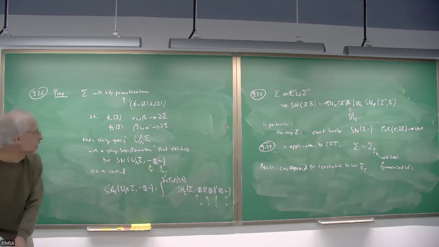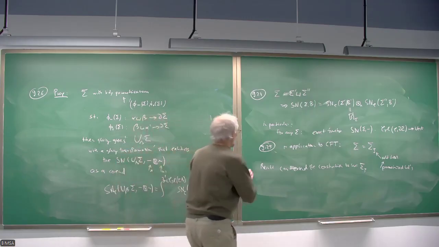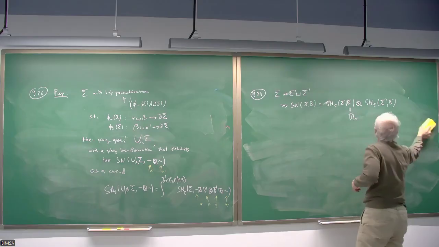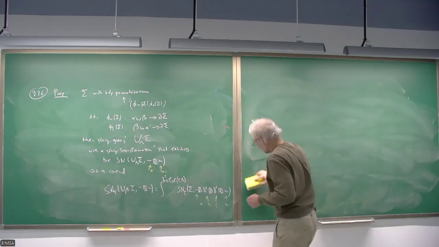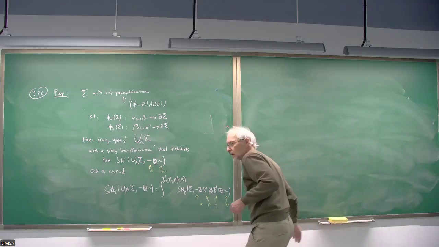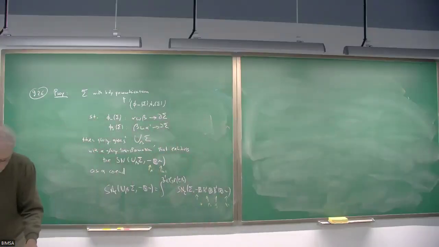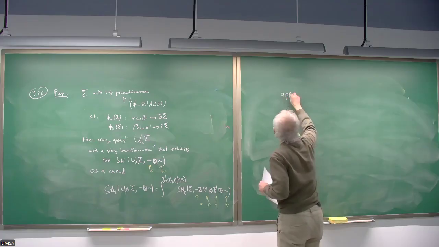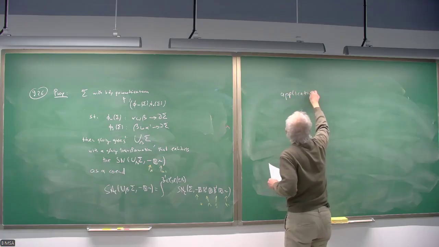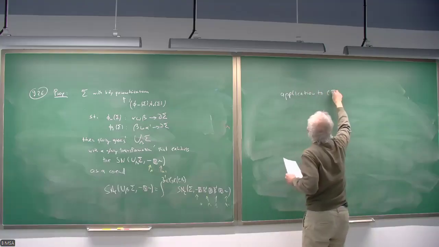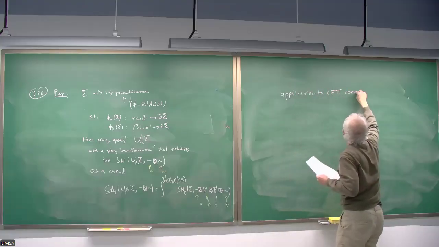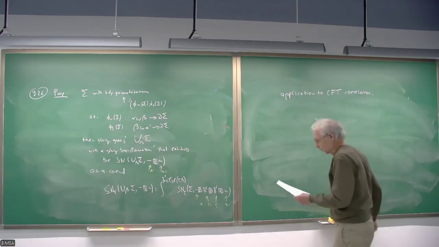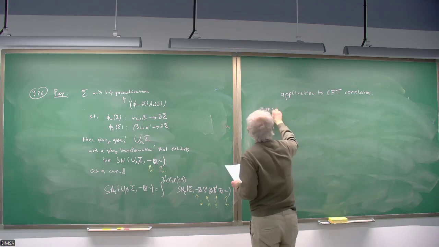I wanted to say a few things about applications in conformal field theory, and I see that I have to be very short about that. So let me give some main steps.